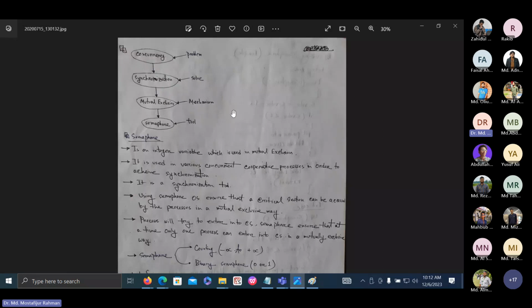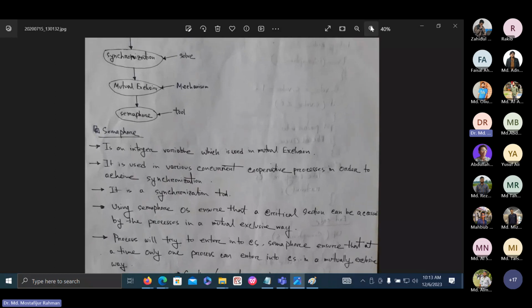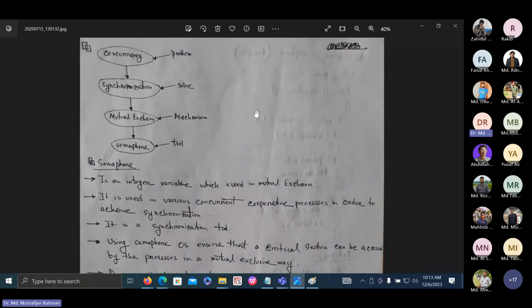How can we solve this? We can implement synchronization using mutual exclusion, the mutual exclusive way, that means one after another. We will come to the detailed discussion of mutual exclusion. And the next one is semaphore. Semaphore is a tool. Understand? This tool is used in mutual exclusion.